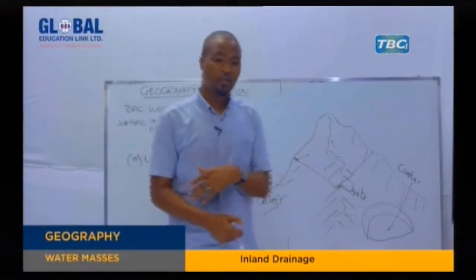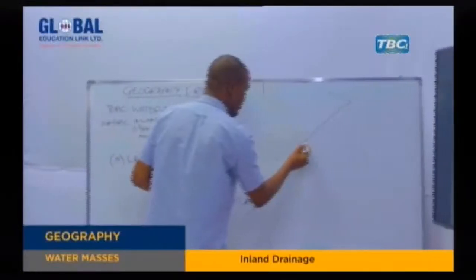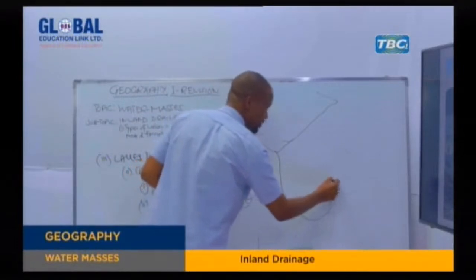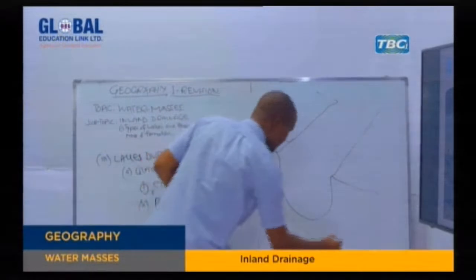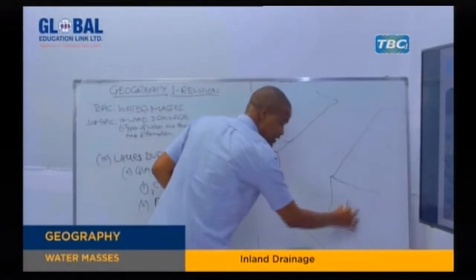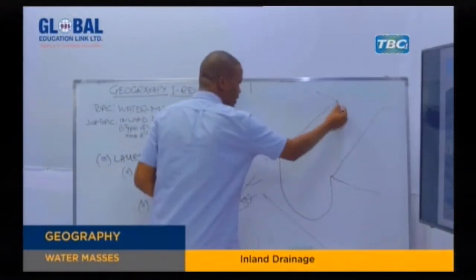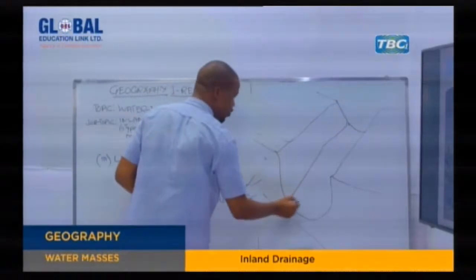You are watching Darassa Online. This is our U-shaped valley, as you can see right here. This is one side, and this is the other side of the U-shaped valley, and this is the floor of the U-shaped valley.